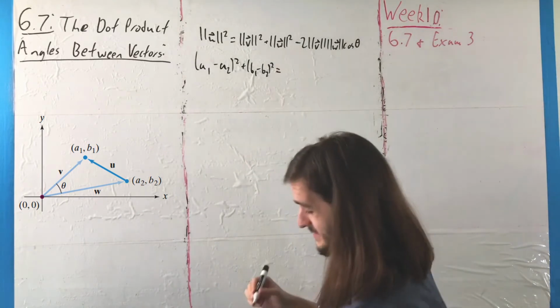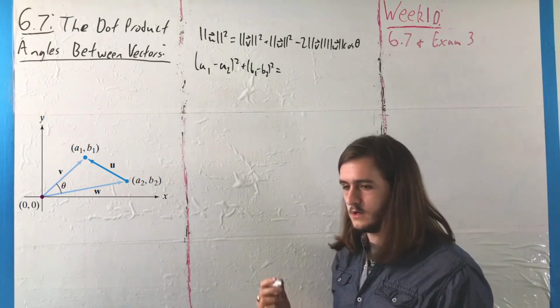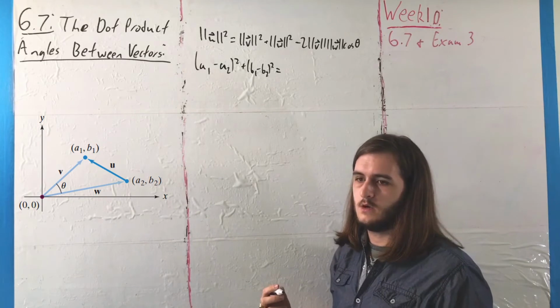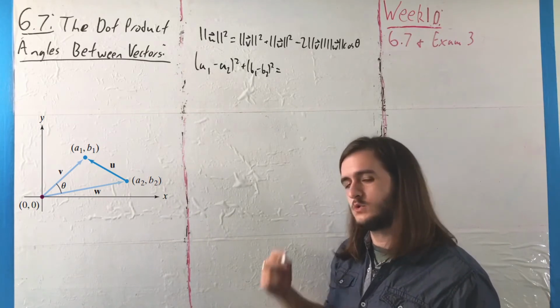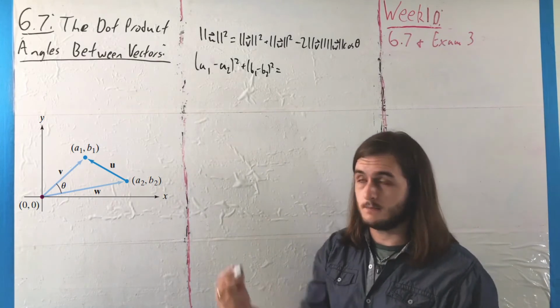And on the right side, those are actually even cleaner, because the horizontal components of each will be determined by a1 and a2, and the vertical components will be determined by b1 and b2.